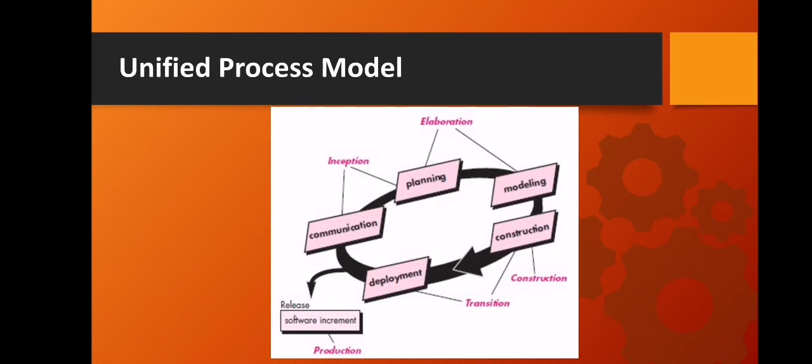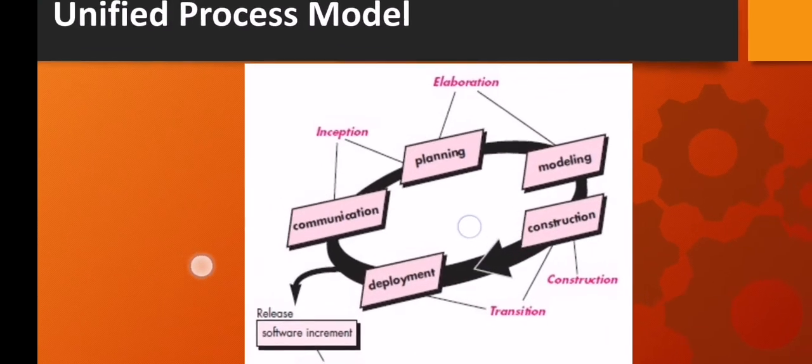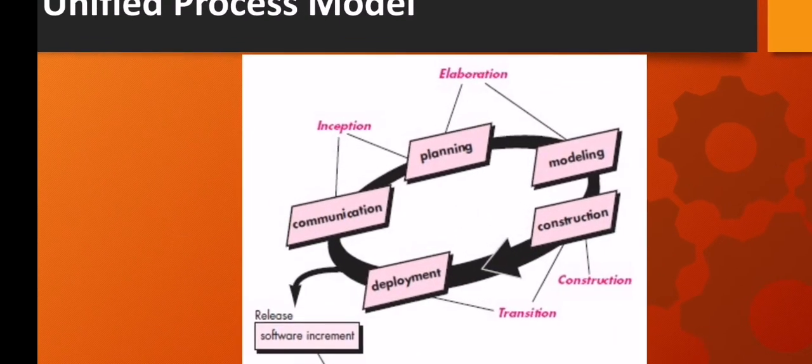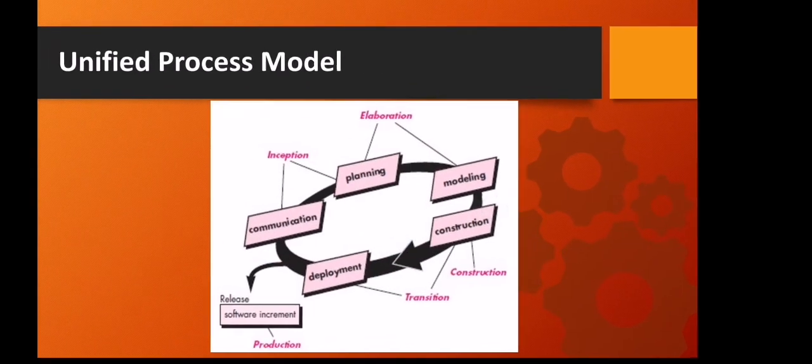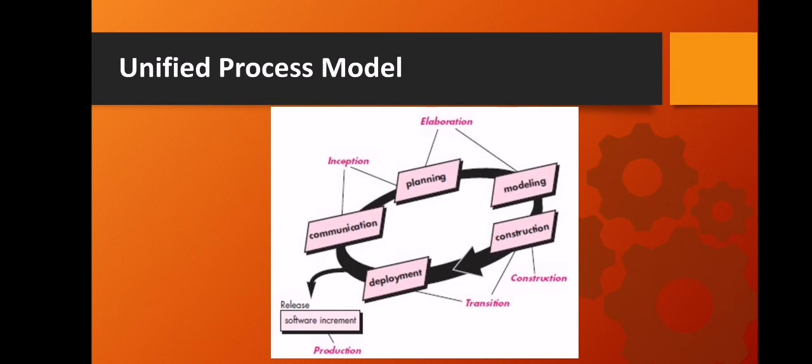Now we go to the unified process model. As shown in the diagram, you can see the unified process model. The unified process model was birthed during the late 1980s and early 1990s when object-oriented programming languages were gaining widespread use.